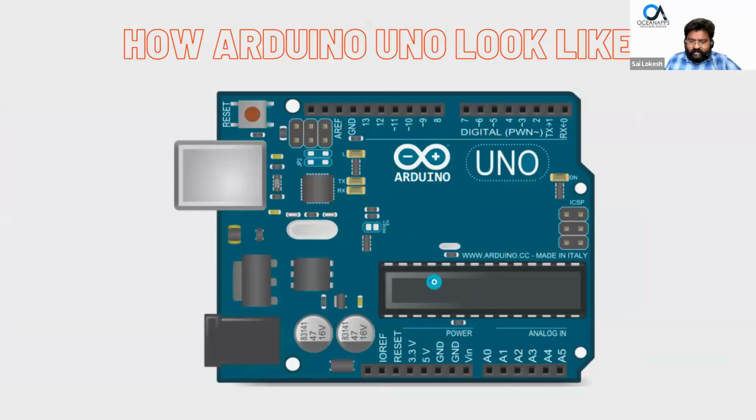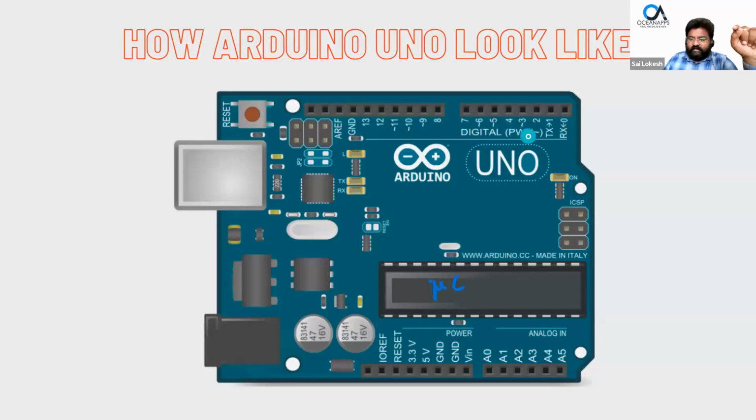So this is our microcontroller. Also you can see two different sections here, digital and analog. Digital means what? It will have only two digits: 0 and 1.